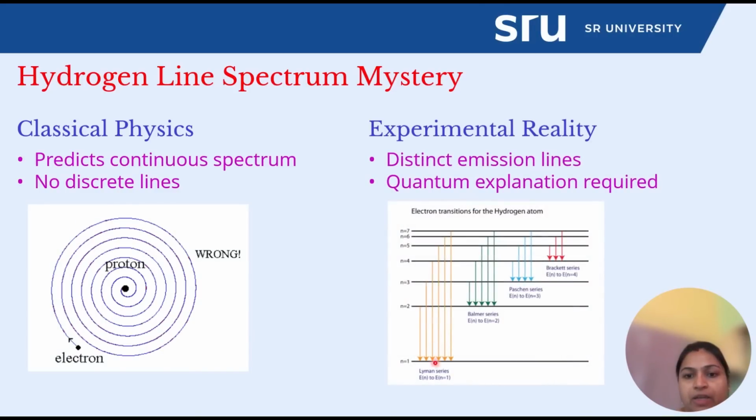So basically we can see these lines like the Lyman series, which is ultraviolet, the Balmer series in the visible region, then the Paschen and Brackett series, which are in the infrared region. So only certain wavelengths of light are emitted, a discrete spectrum, not continuous.